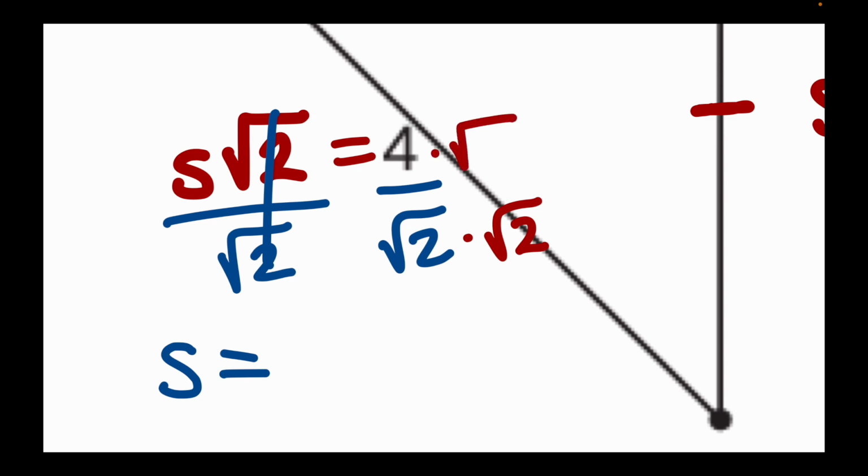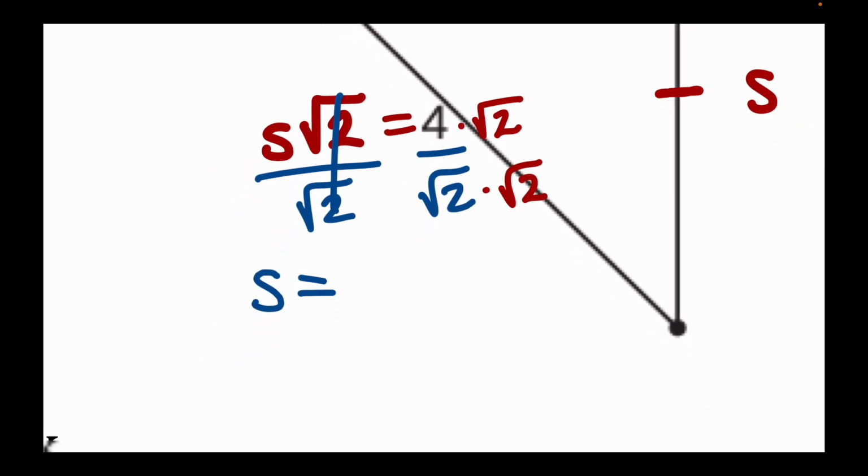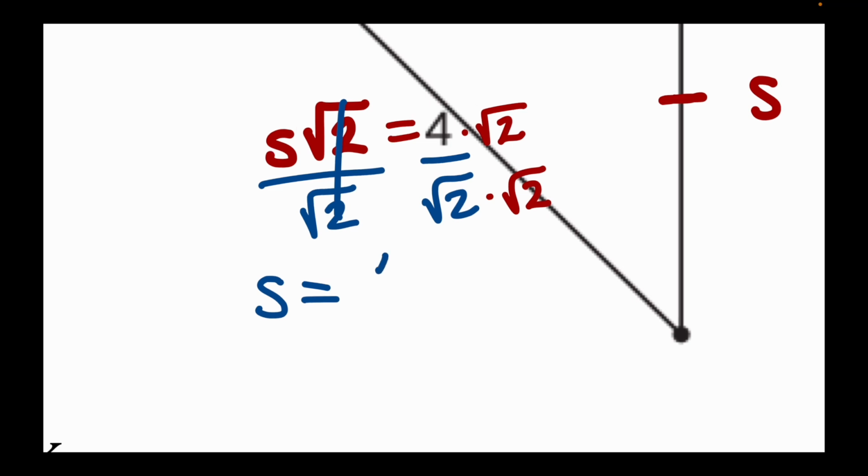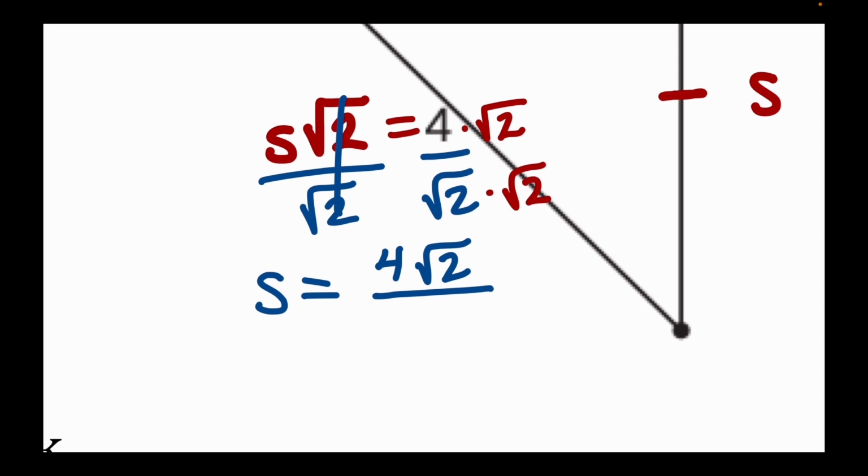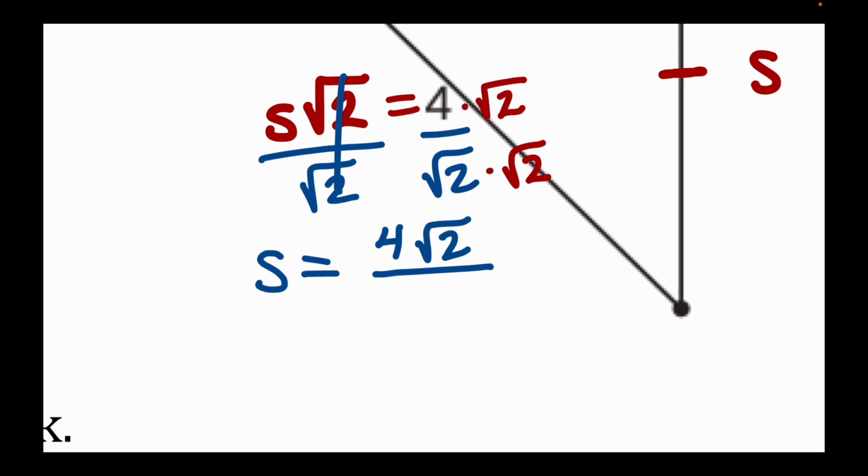And then we're also going to multiply our numerator by the square root of 2, since we're not going to square the numerator. So when we simplify this, we end up with 4 times the square root of 2. And if multiplying something by itself is the same as squaring, whenever you square something underneath a square root radical, you end up with just that number.